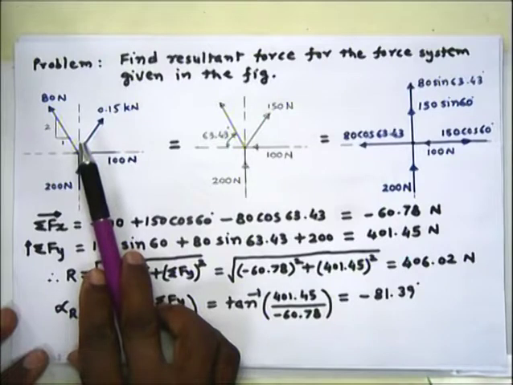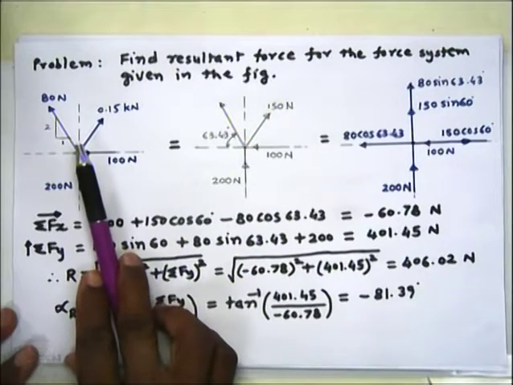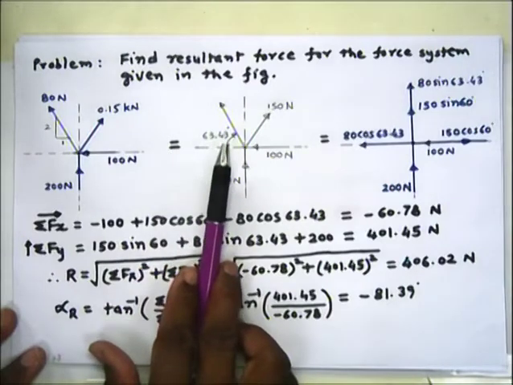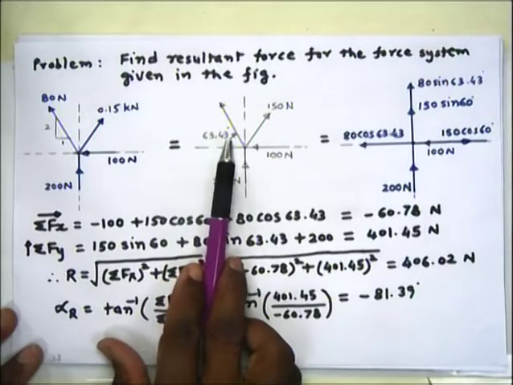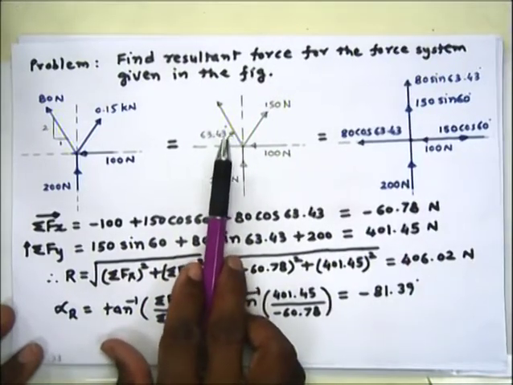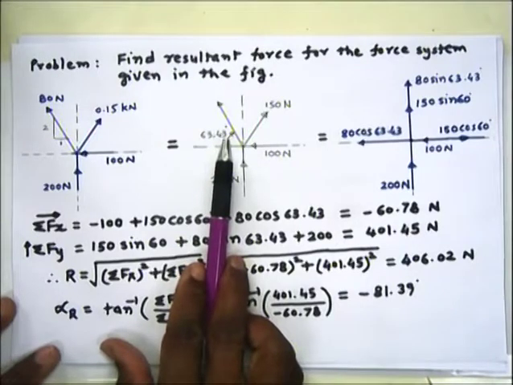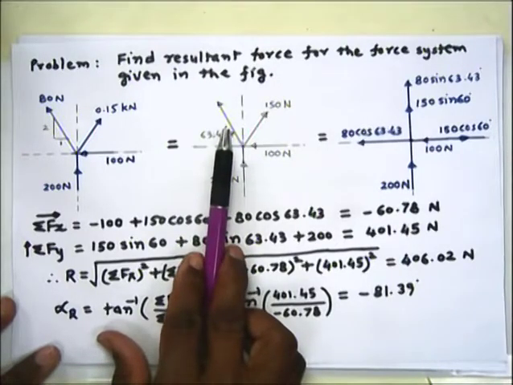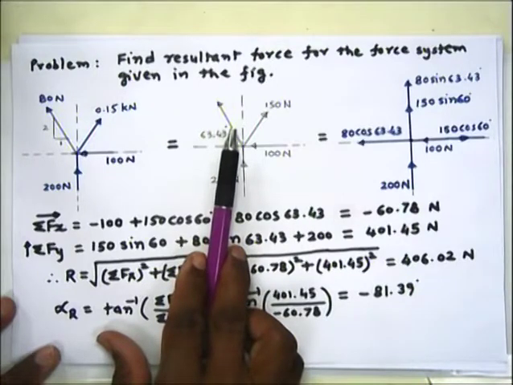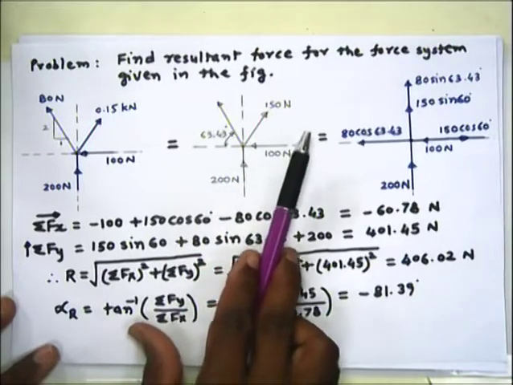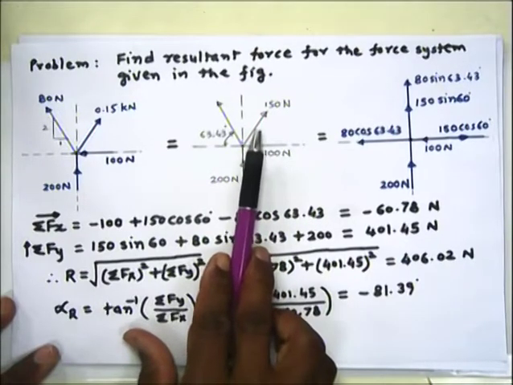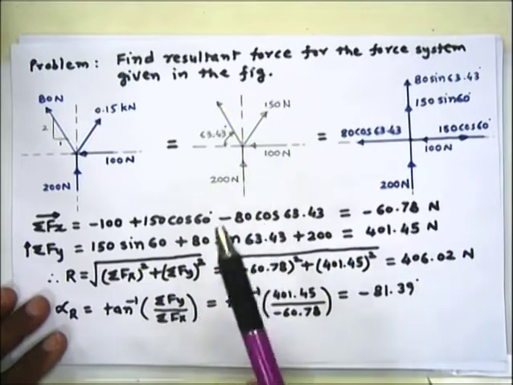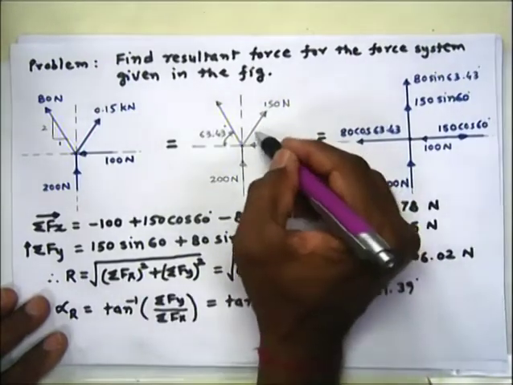So tan inverse of that will give you the value of that angle, which is 63.43 degrees. Now our four forces are in the same unit, and the angle of this inclined force is already written. Here the angle of inclination of this force is by mistake not written, but it is 60 degrees. So I make the correction: this is 60 degrees.